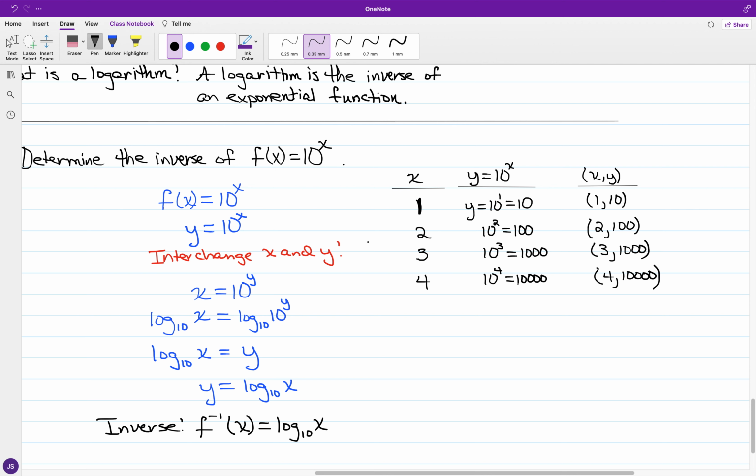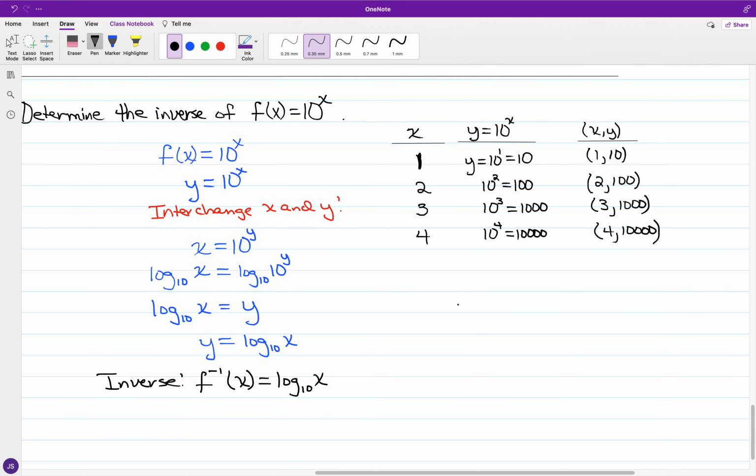So these are samples of points that belong to the curve in reference to the graph of y, or f of x, equal to 10 to the x.